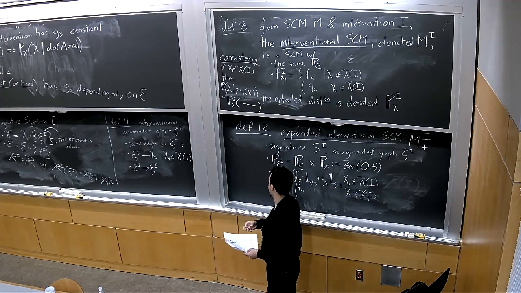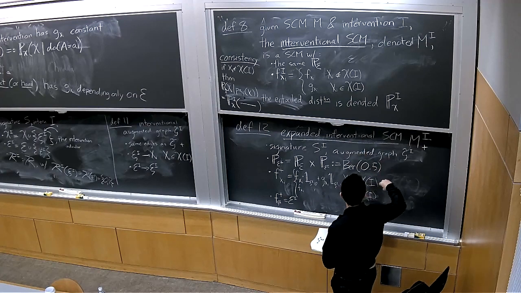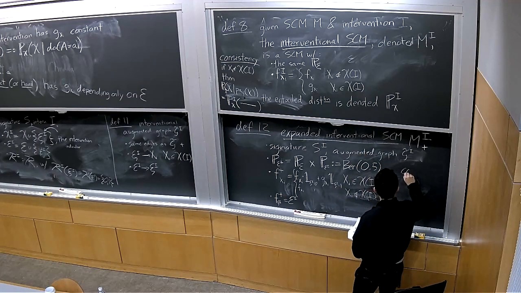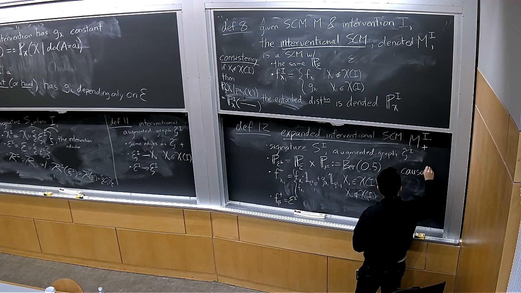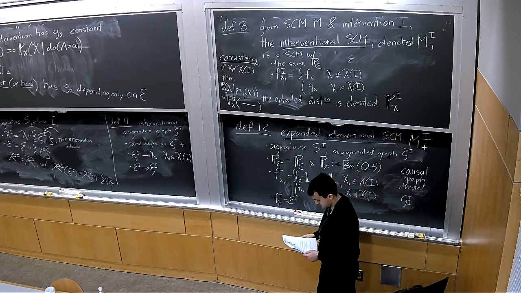And then we have this augmented graph, and the causal graph of the SCM here is going to be denoted GI plus.